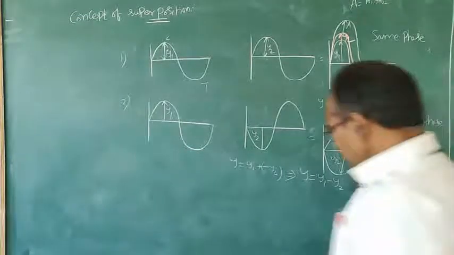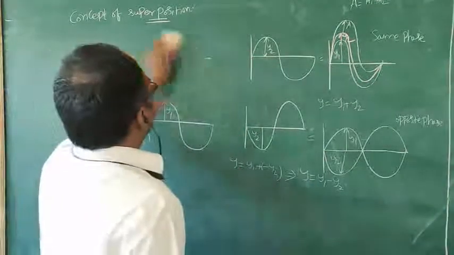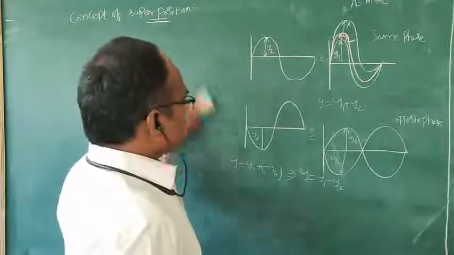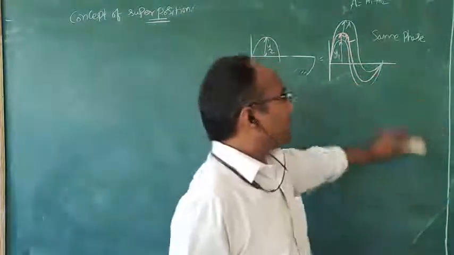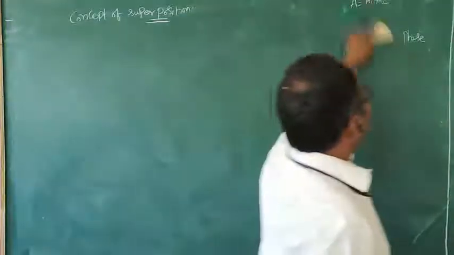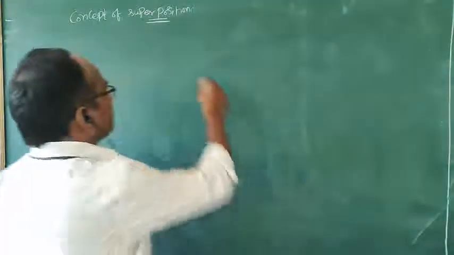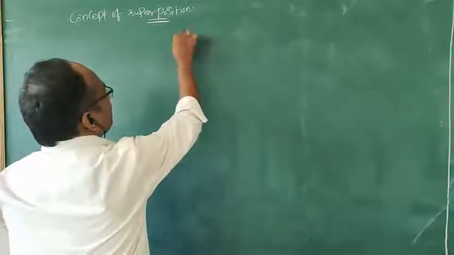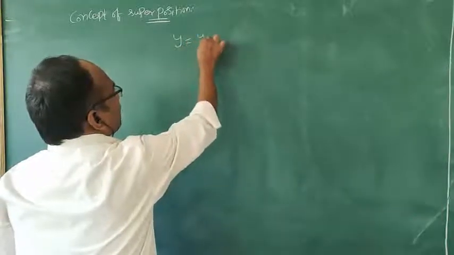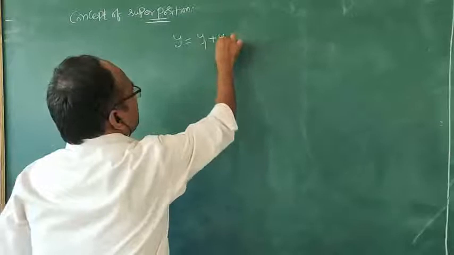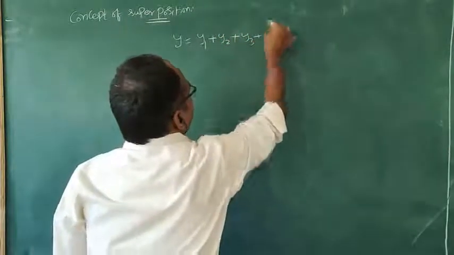Okay. Now here, what is the definition? The resultant displacement at a point in the medium is equal to the vector sum of the individual displacements of the waves.